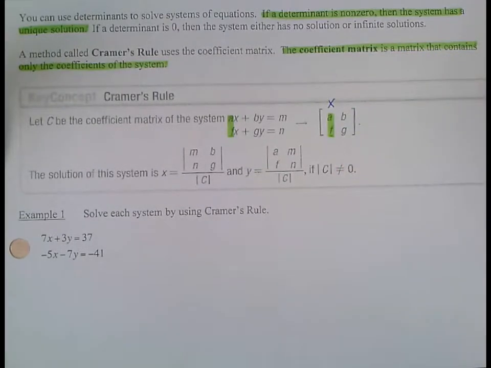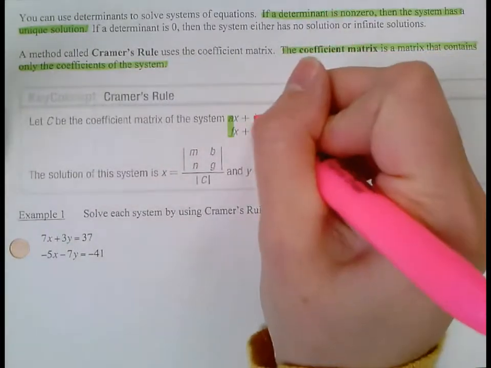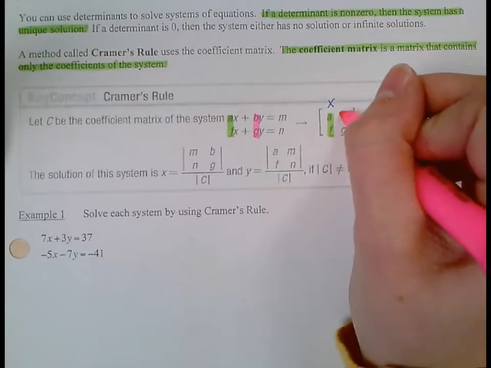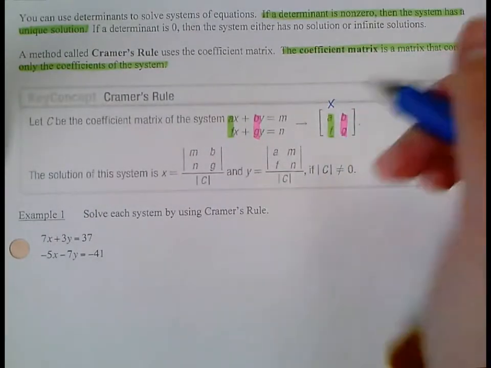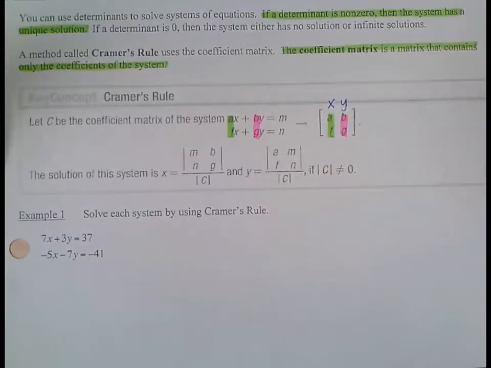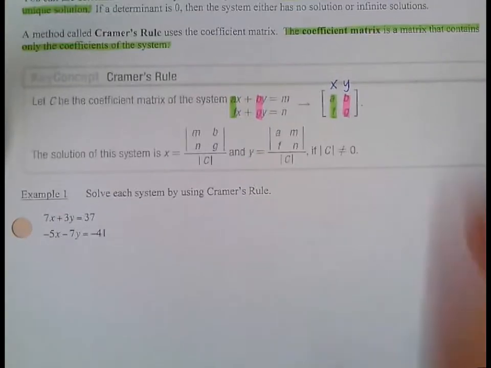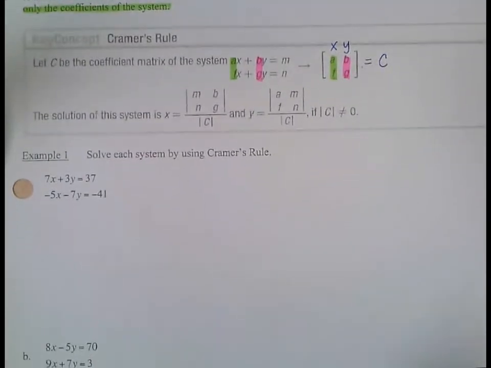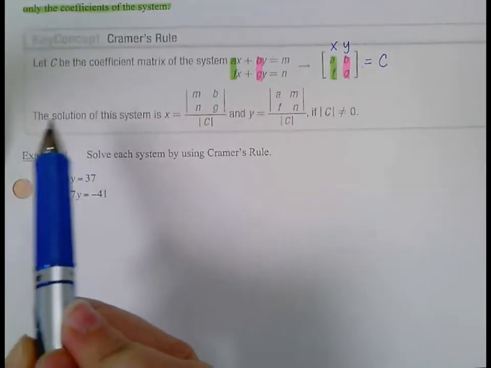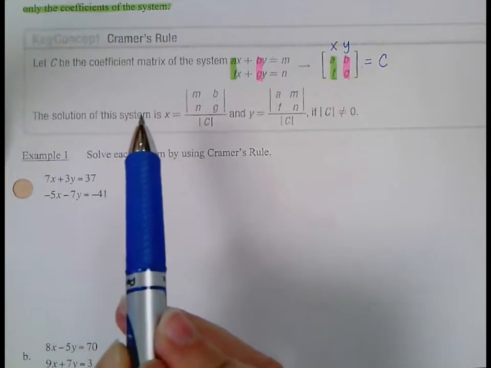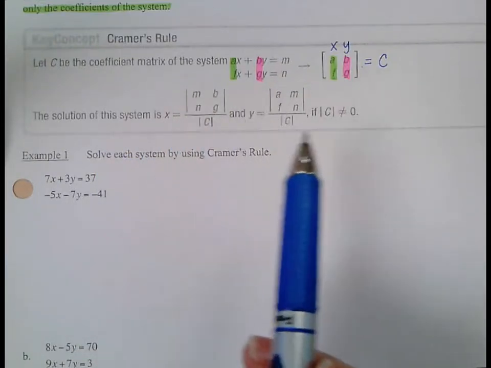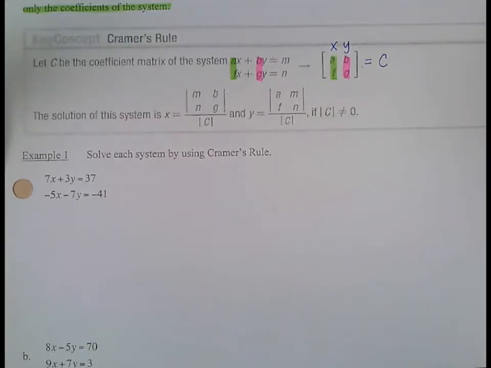And then the coefficients of Y are the second column of that matrix. And that's our coefficient matrix C. And then notice it gives the solution to this system is, and it gives you a formula for how to find your X coordinate and then a formula for how to find your Y coordinate.